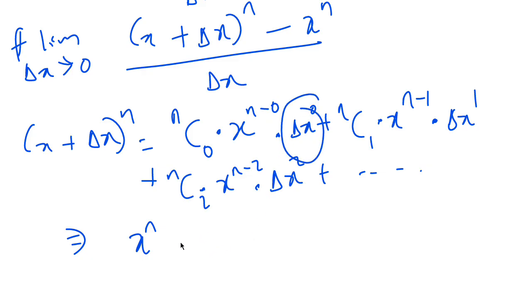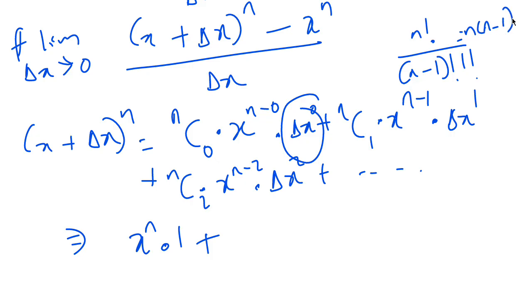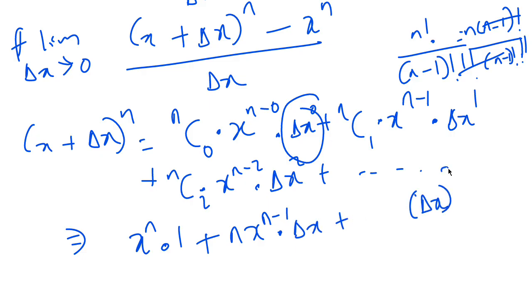So that's x to the n times 1, that's x to the n, plus n combination 1, which is going to give us n, because we have n factorial over n minus 1 factorial times 1 factorial, which is equal to n into n minus 1 factorial over n minus 1 factorial times 1 factorial. This cancels this, you're left with n. And then we have n x to the n minus 1. Do you see it? And then we have change in x, and you see that the power of the change in x now becomes squared.